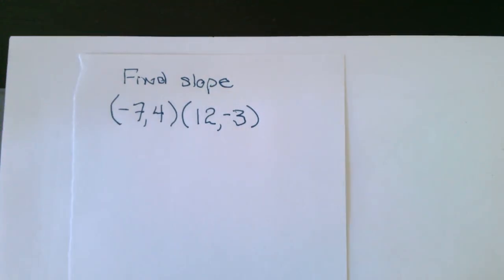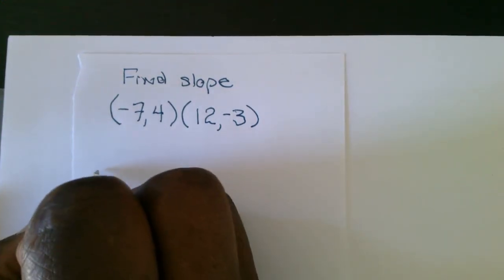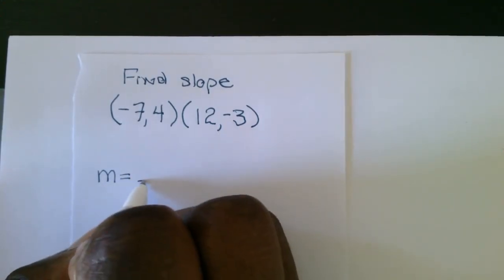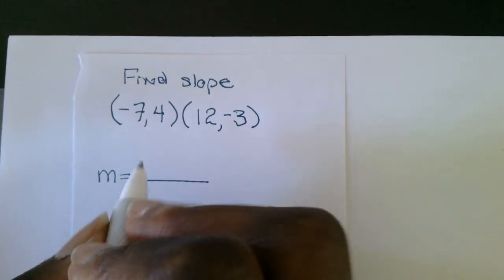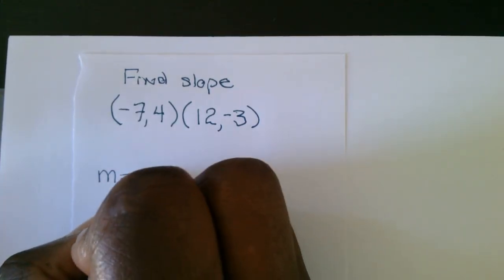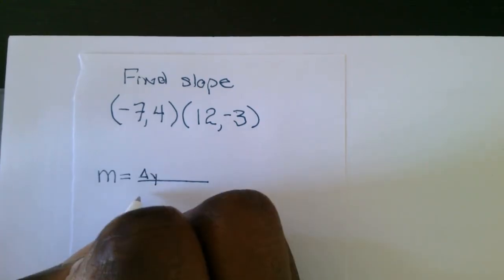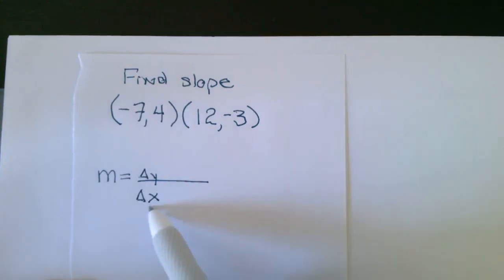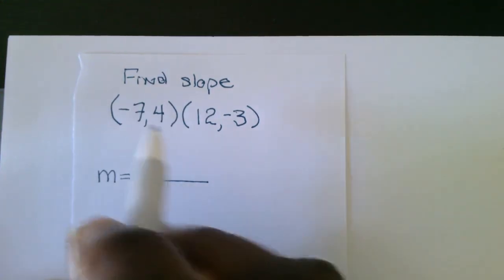Alright, okay, so let's take a look. A lot of people are like, yeah, I don't remember this. Now, when we're looking at the rate of change, aka slope, we're basically looking at the change of y's over the change of x, with the Greek symbol delta meaning change.